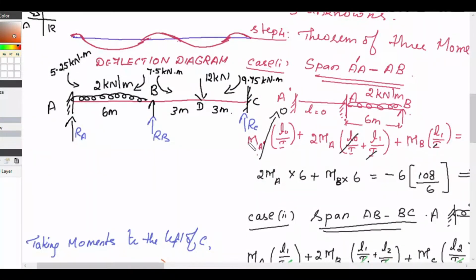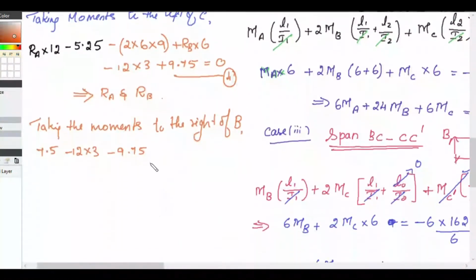Now this right anti-clockwise becomes positive. So RC into 6 is equal to 0.